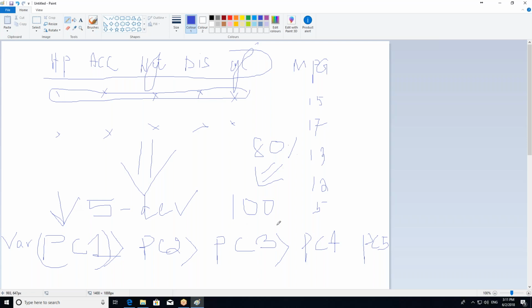Out of 100%, let's say PC1 explains 70%, followed by PC2 which explains 20%, and PC3 explains 5%. So 70 plus 20 plus 5 is almost 95%.